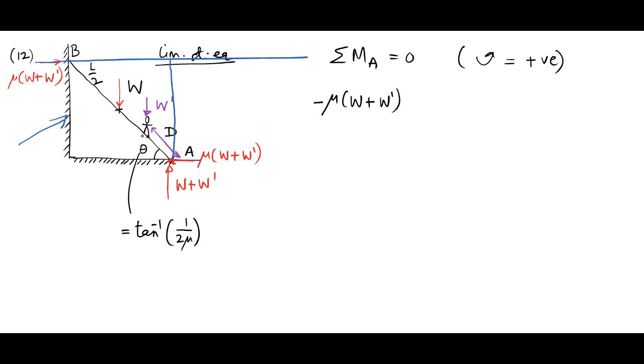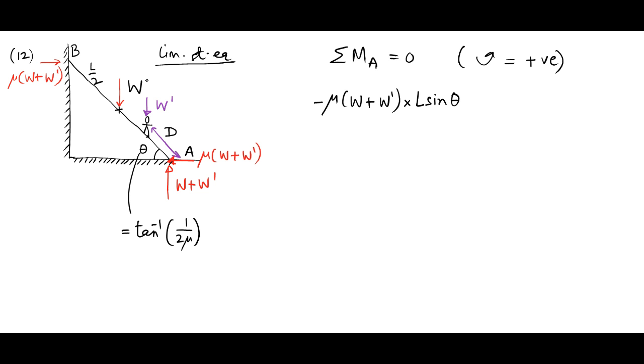And since I have assumed that the length of the ladder is L, it's L by 2 on this side and L by 2 on the other side, total length is L, therefore this relevant distance is going to be L times sine of theta. So accordingly you multiply this by L times sine of theta.